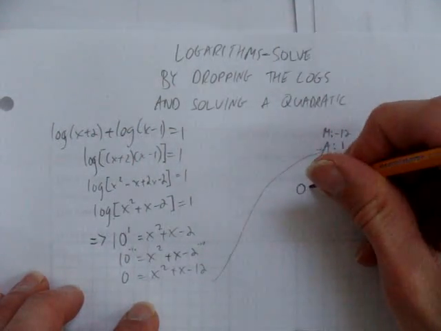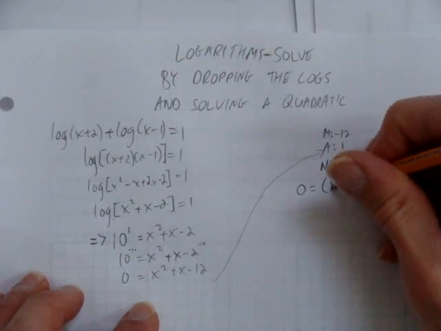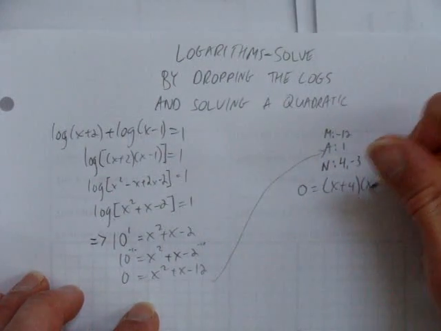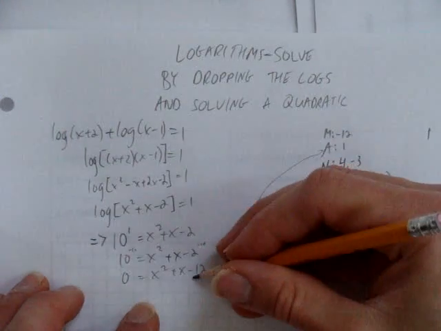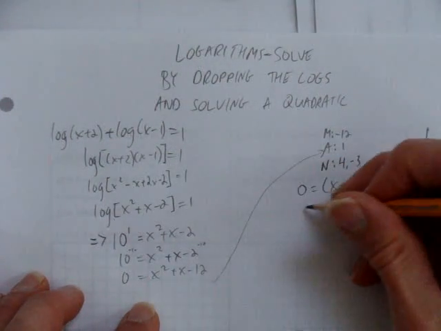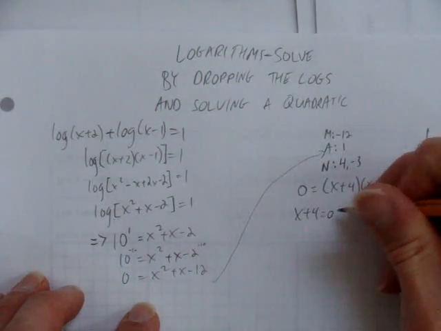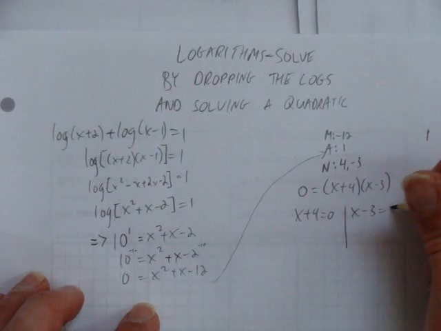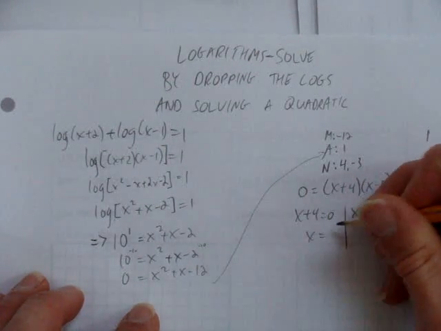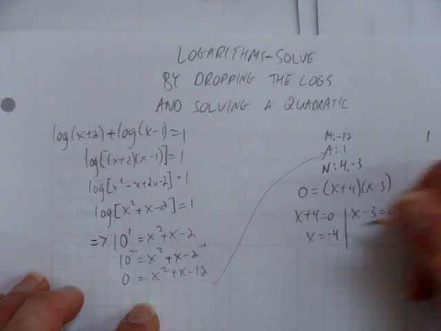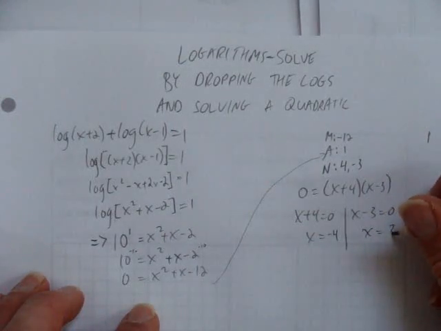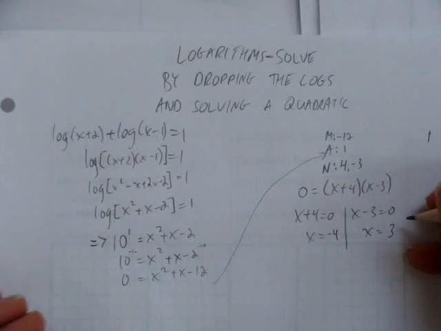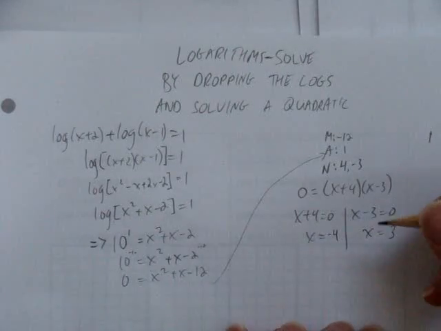In other words, I have 0 equals x plus 4 times x minus 3, correctly factoring this previous quadratic. So that means x plus 4 equals 0, or x minus 3 equals 0, which means x equals negative 4, or x equals 3.